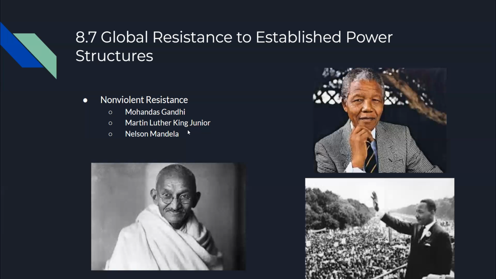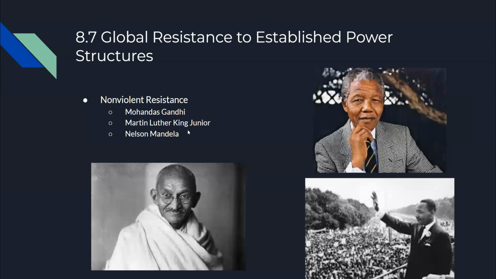A year-long boycott of public buses in Montgomery, Alabama, which ended segregation in public transit. Massive marches, such as the 250,000 people march on Washington for Jobs and Freedom. And many of these efforts provided the foundation for the movement's biggest successes, such as the Civil Rights Act of 1965, which is covered more in Unit 9.